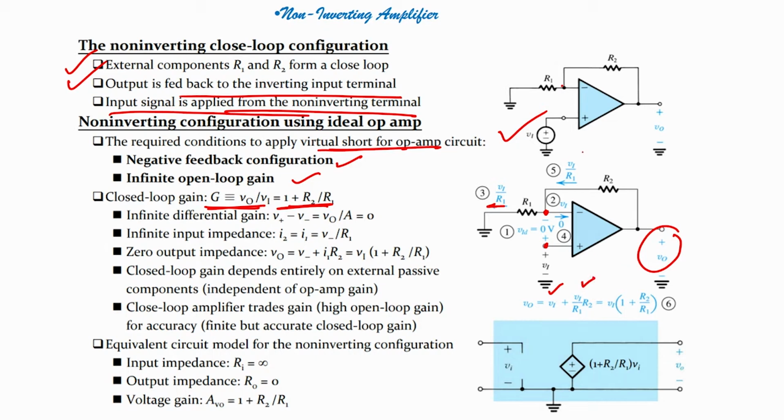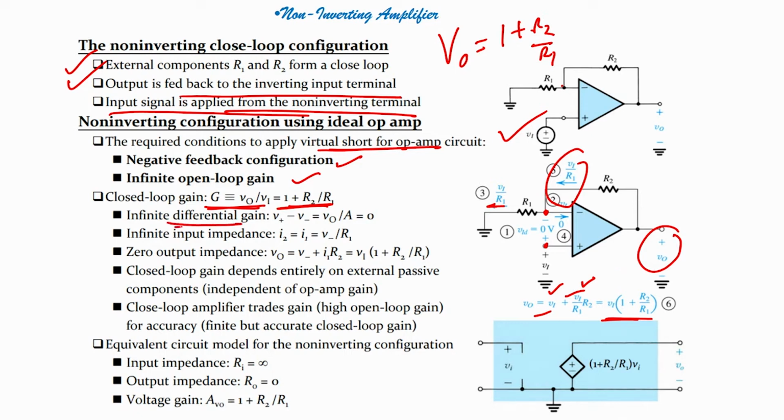Taking V1 common, this is V1 into 1 plus R2 by R1. So my VO is nothing but V1 times 1 plus R2 by R1. This is my output voltage, and this is what is the closed loop gain.